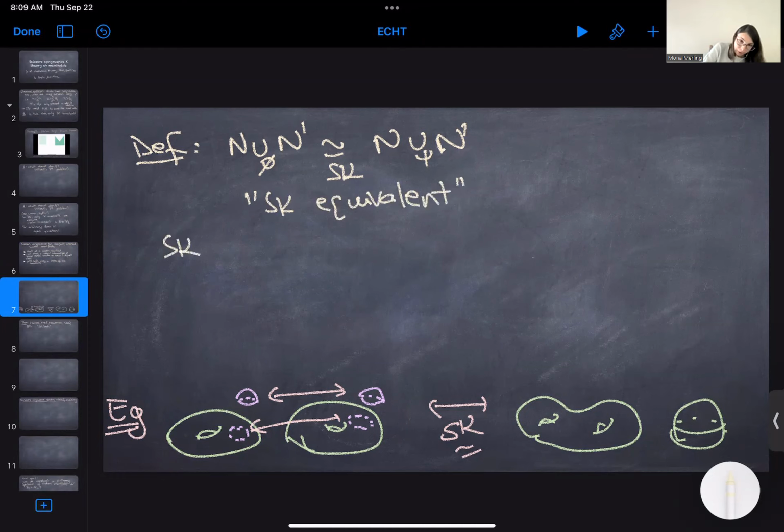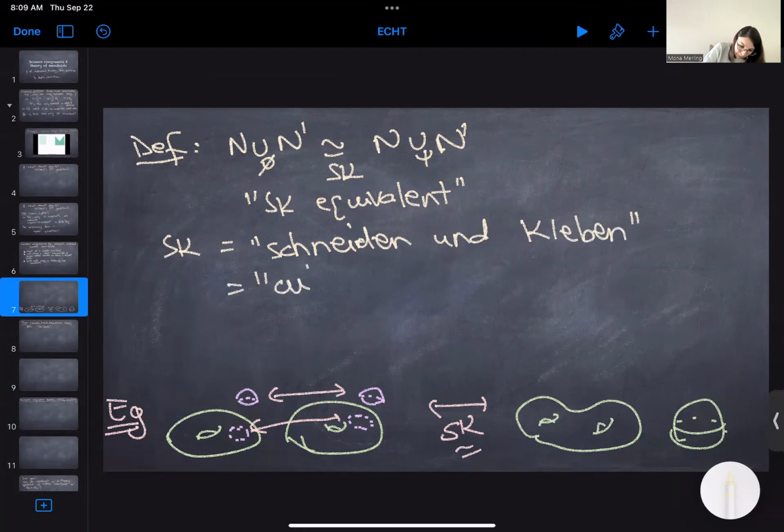So why SK? This stands for Schneiden und Kleben, which means cut and paste in German. And this is a synonym, so we can also call it scissors congruence.